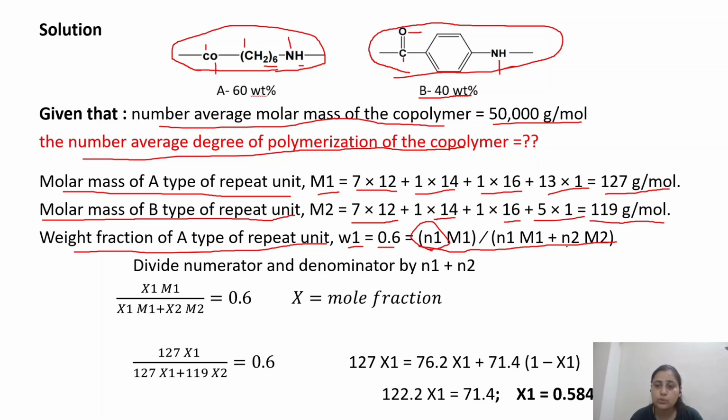So here now, for the weight fraction of A type of repeat unit, we will divide the numerator and the denominator by N1 plus N2, and we are doing it so that we can convert the formula of weight fraction into the mole fraction formula.